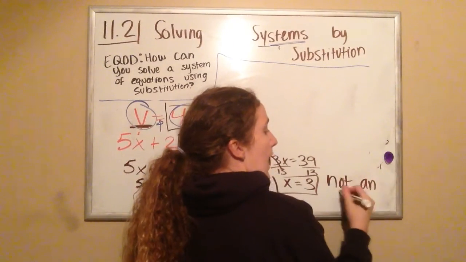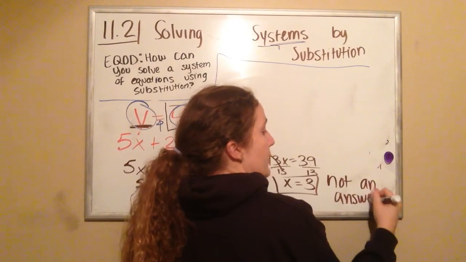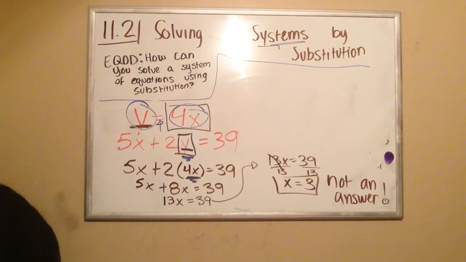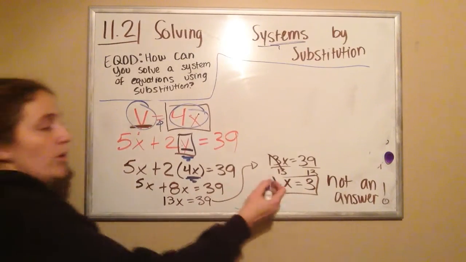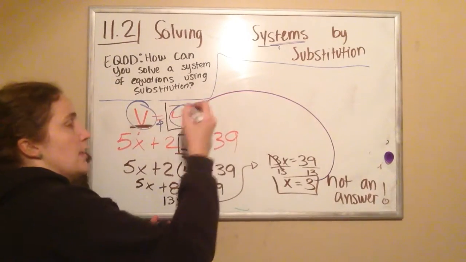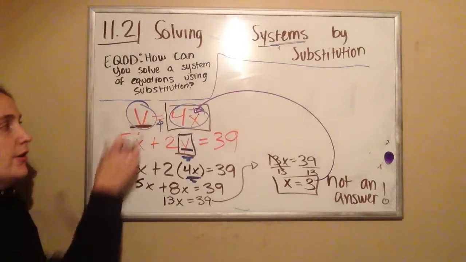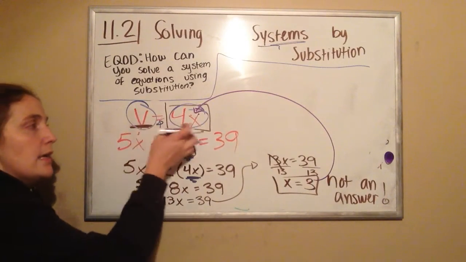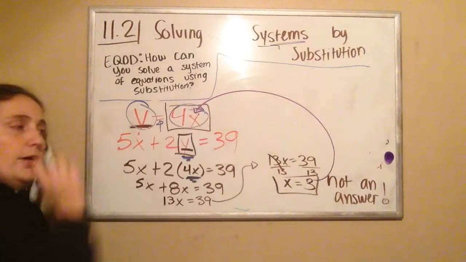I cannot tell you how many times I get this written down as an answer. It's not an answer. We need a coordinate point. Okay? So we're going to use that x is equal to 3 and plug it back into the first equation to figure out what y is equal to. Because y is already by itself. We know that y equals 4x, so let's take that x and plug it in.